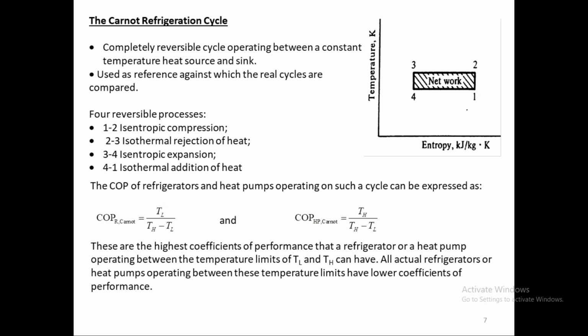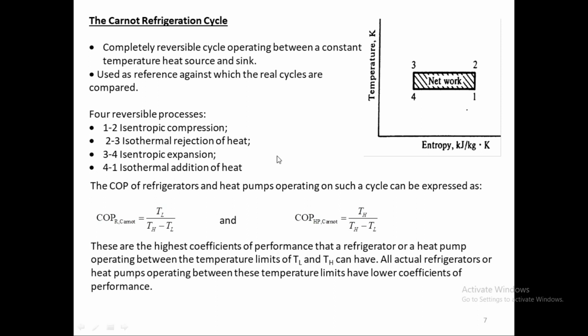When we reverse it, the heat engine becomes a refrigerator cycle. So the Carnot cycle is a completely reversible cycle operating between a constant temperature heat source and heat sink. It is operating between two temperature limits. One is the low temperature, we call it heat sink, and the other one is the high temperature, we call it heat source.